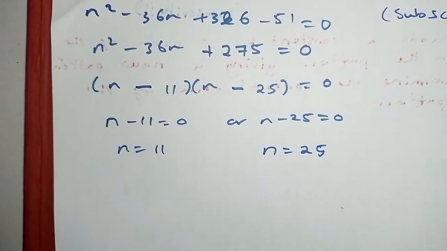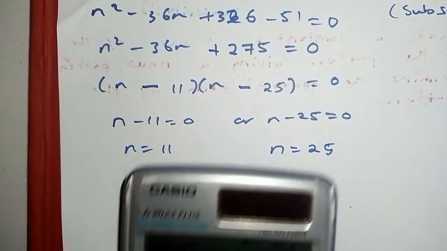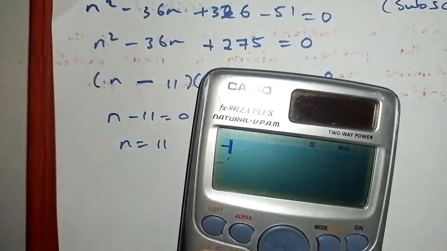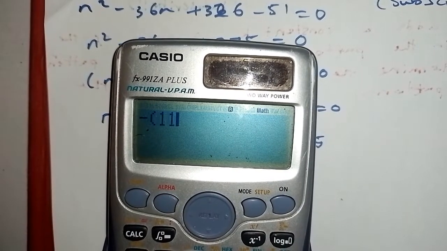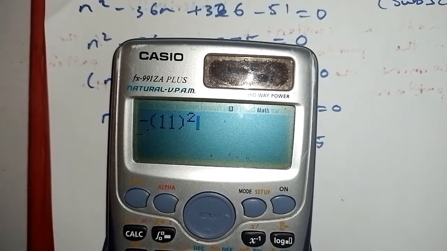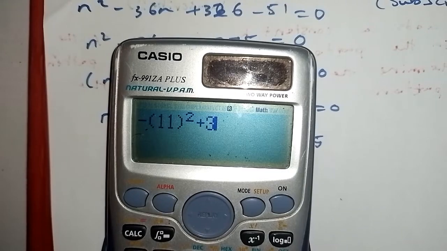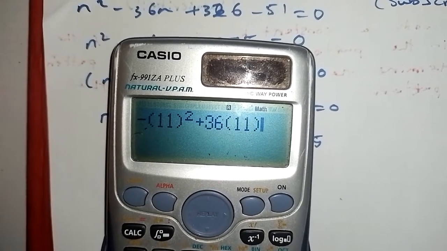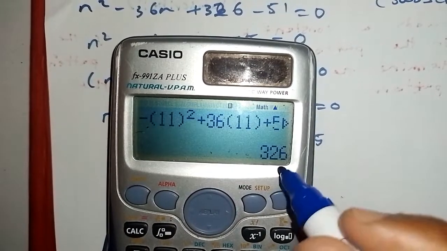Let's prove that both of them give us 326. Negative 11 squared plus 36 times 11 plus 51 gives us 326.